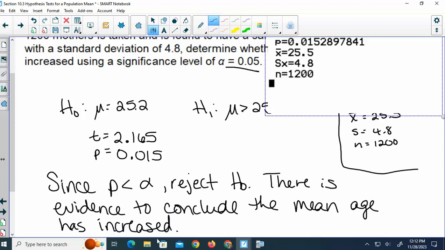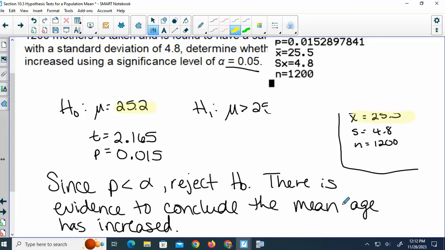Okay, this is an example of something that statistically we found a difference, but practically does it really matter? If you're talking about the mean age, is there a big difference between 25.2 and 25.5? No, we're talking about the average being a couple months older than before.